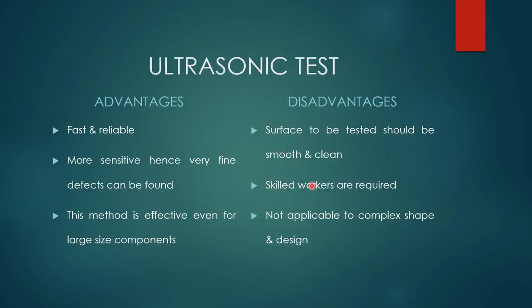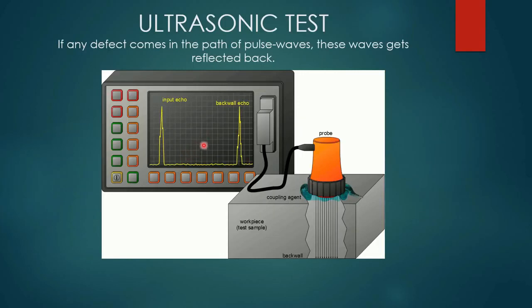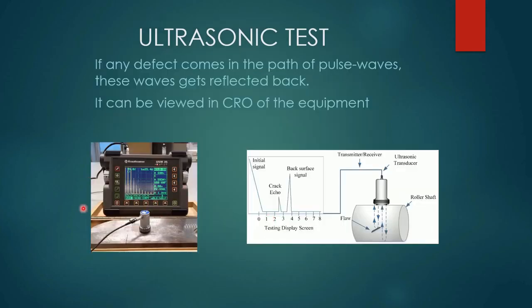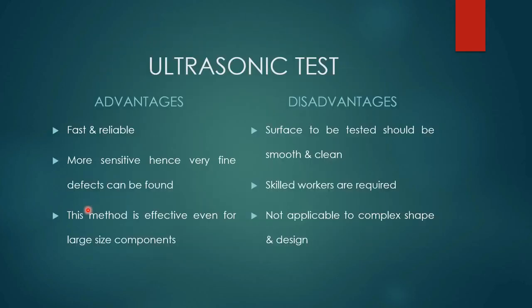Then skilled workers are required to note down the digital readings. Then the third point is it is non-applicable to complex shape and design, right? So if a part is having a complex shape, then it is not useful.